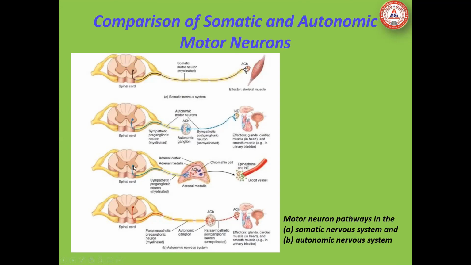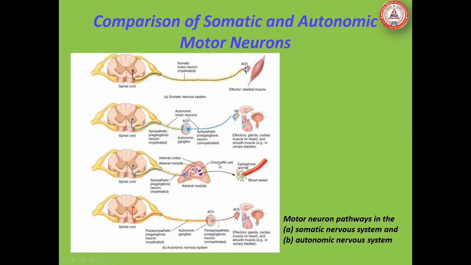Then, the spinal cord stimulates the adrenal medulla through sympathetic preganglionic neurons releasing acetylcholine. Then the chromaffin cells of the adrenal gland release epinephrine and norepinephrine, which affect blood vessels.